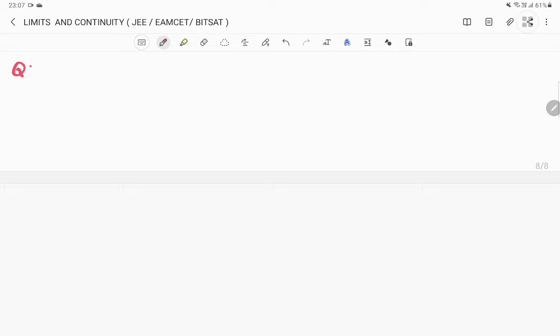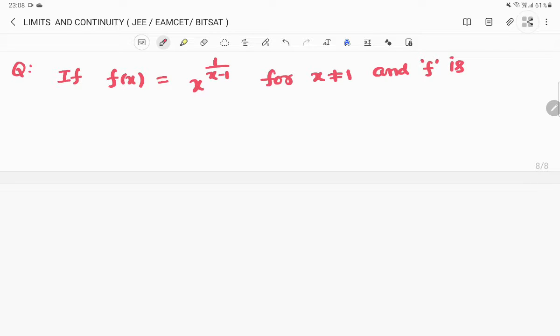First question: if f of x equals x power 1 by x minus 1 for x not equal to 1, and f is continuous at x equal to 1, then f of 1 equals.